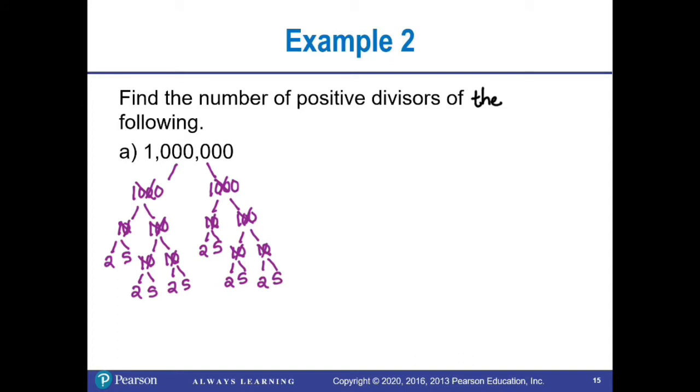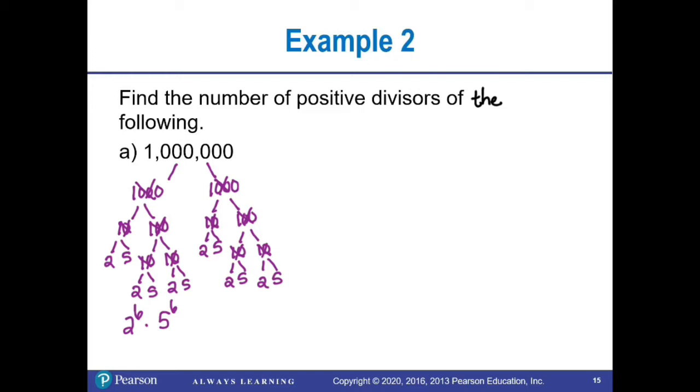My prime factorization here would be 2 to the 6th times 5 to the 6th. There are 6 2's multiplied together. That's the 2 to the 6th. There are 6 5's multiplied together. That's the 5 to the 6th.